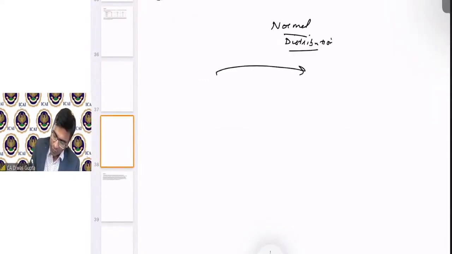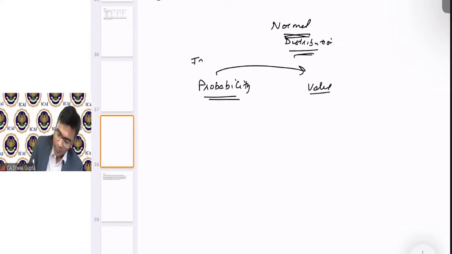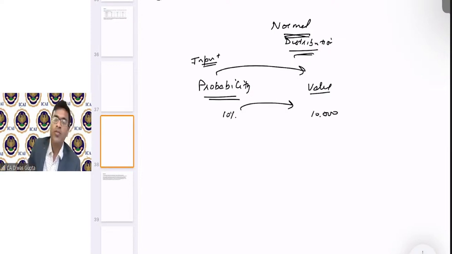Generally, what we do, let me just put it here. If you input a probability into the normal distribution table, it will help you arrive at the value. So let's say for 10% probability, what will be the value? The value will be, say, 10,000 rupees of cash flow.